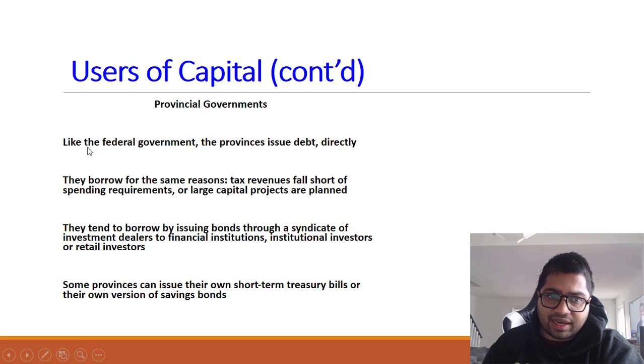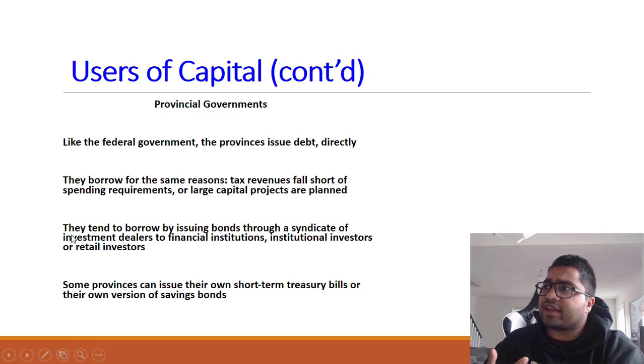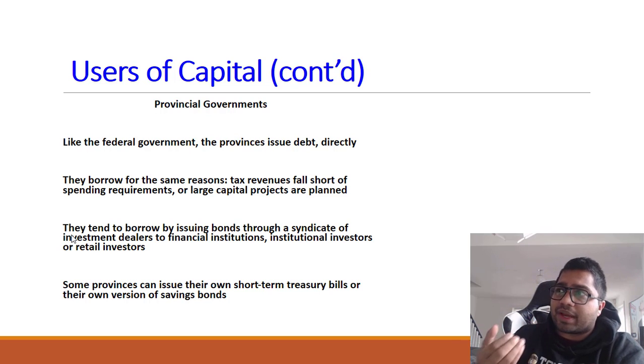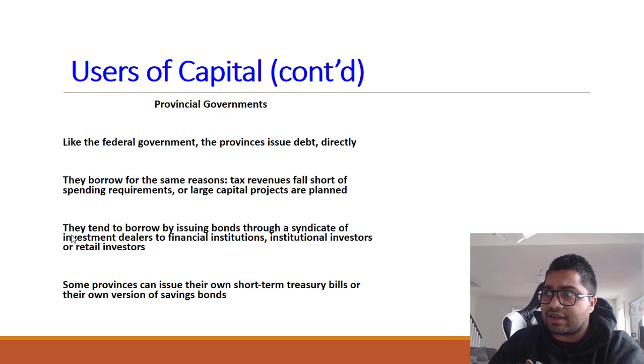Provincial governments, like federal governments, provinces issue debt directly. They borrow for the same reason: tax revenues are falling short of spending requirement, or for large capital projects that are planned. For example, Montreal is planning a new, let's say, railway line, new metro line, right, subway line. So in that case, it needs money to construct that line. So where is it getting money for doing that? It is borrowing money.